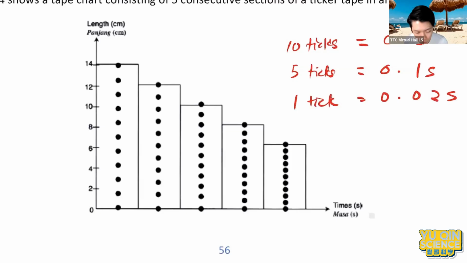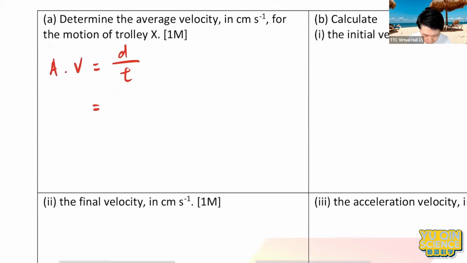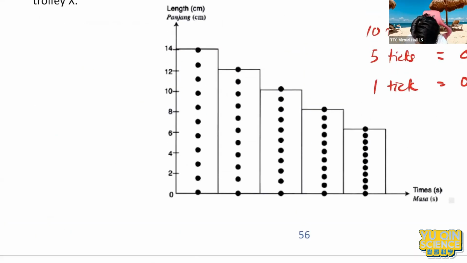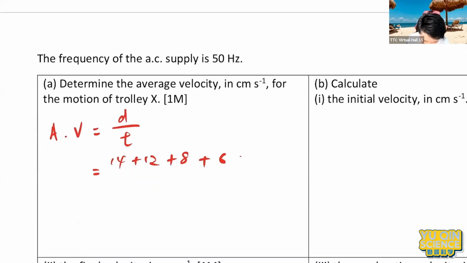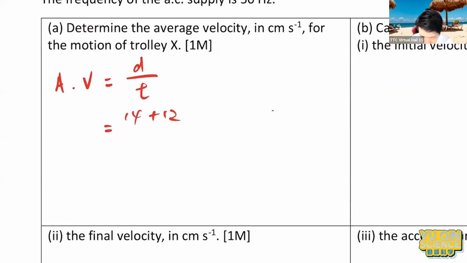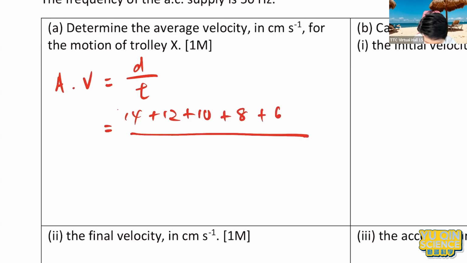So we have to add up 14, 12, 10, 8, 6. Divide by total time, that was your cm, divide by total seconds.